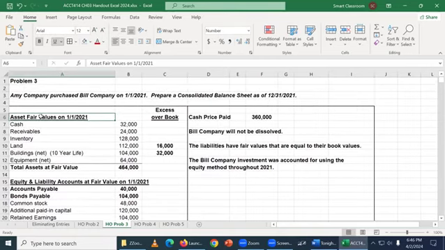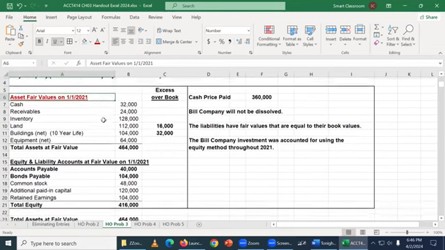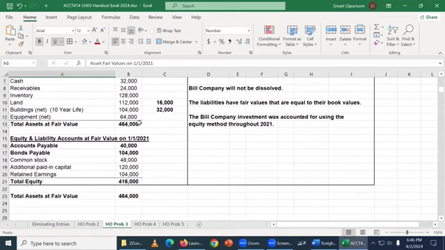These are all at fair values. They don't tell us what the book values were, but tells the fair value. And so this 16,000 plus the 32,000, that's included in the 464,000, includes these two. You can figure out what the book value is for this.